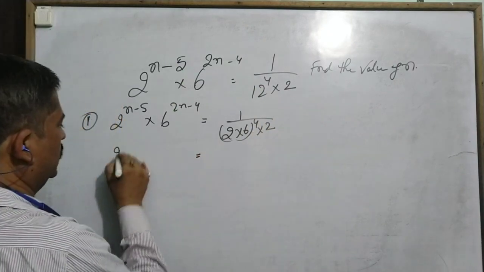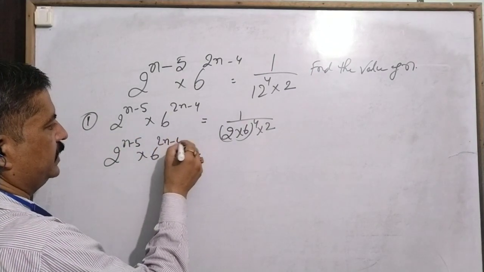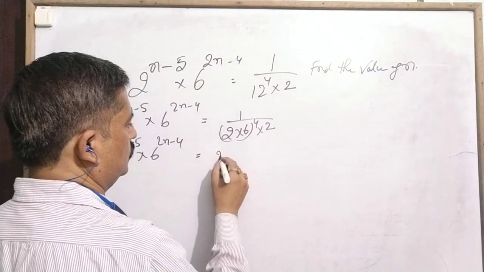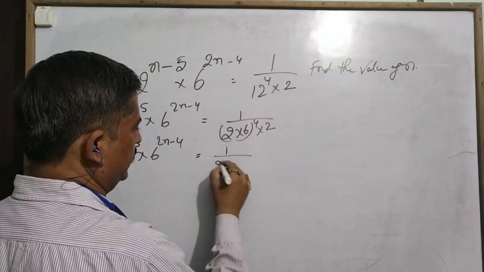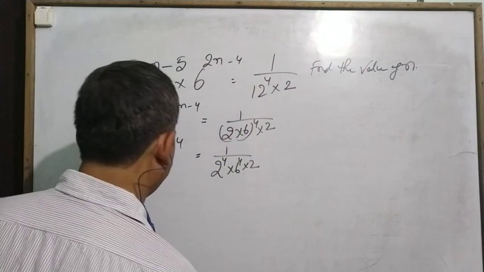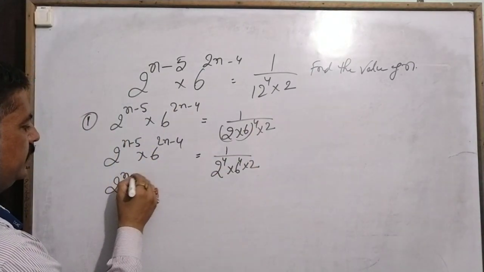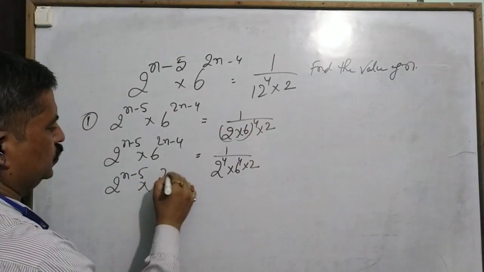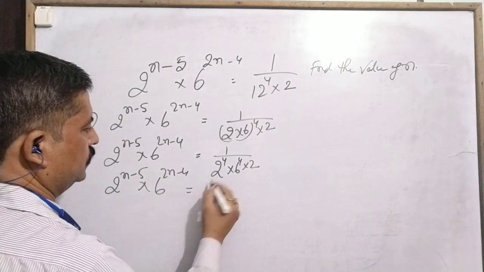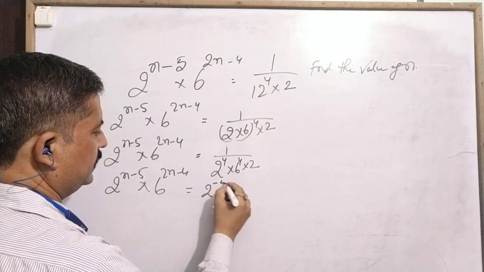So 2 to the power n minus 5 into 6 to the power 2n minus 4 equals 1 divided by 2 to the power 4 into 6 to the power 4, and 2n minus 5 into 6 2n minus 4 equals, by division the power will change.